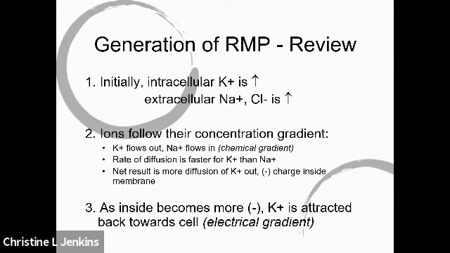I said for every 1 millisecond, maybe the inside of the cell loses 10 potassium ions. In that same unit of time, maybe we only bring 3 positive sodium ions in.